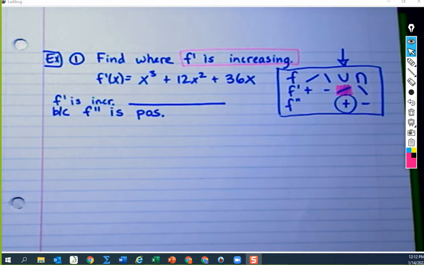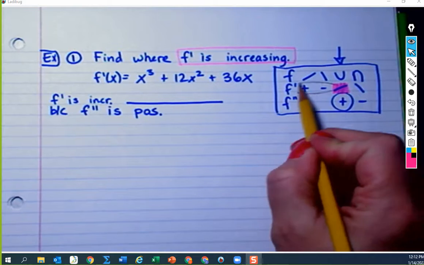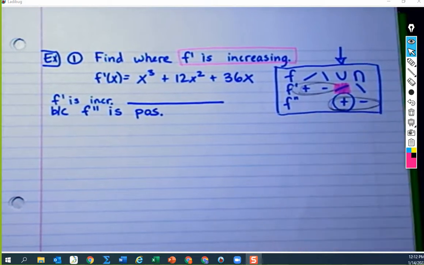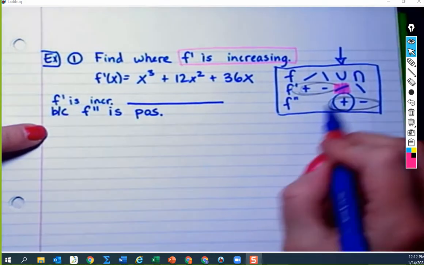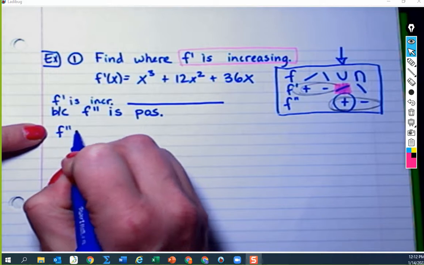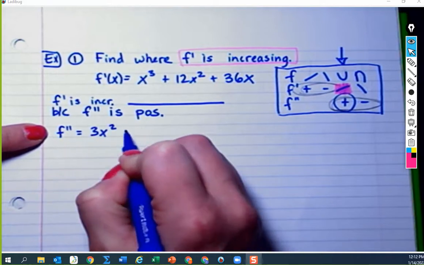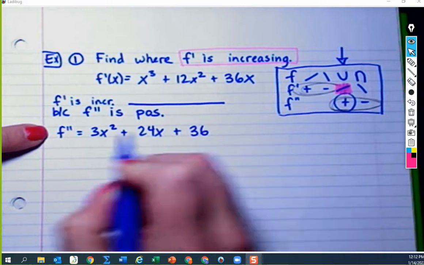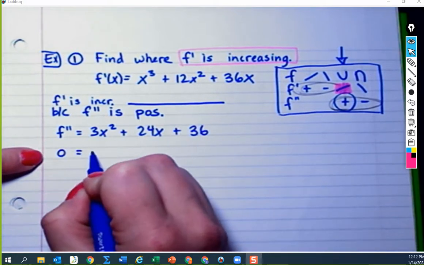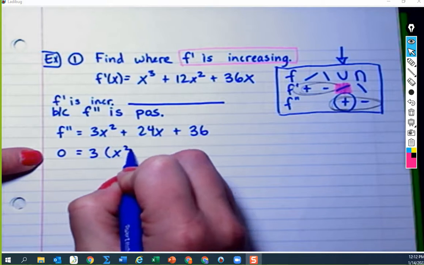All right, I know what I'm looking for. Now I'm going to do it. Now, when you're doing this, the only thing you can find is the number lines, the pluses and minuses. That's the only thing that we can do. So you're always doing a number line, and then you're going to interpret. All right, so I need the second derivative. If I'm going to do the number line, I've got to factor it.